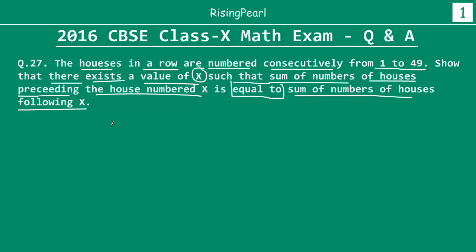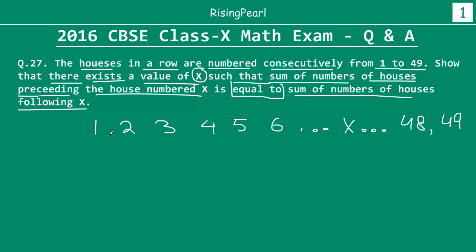So what we have is a whole lot of houses which are in a row, and they are numbered 1 through 49. So let's write them 1, 2, 3. I'm not going to write all of them. 5, 6, and there is a number x, and then 48 and 49.